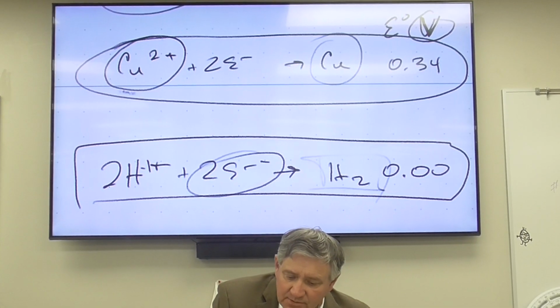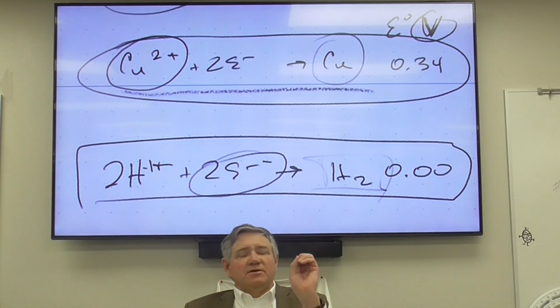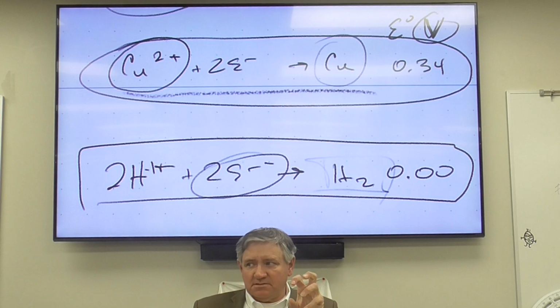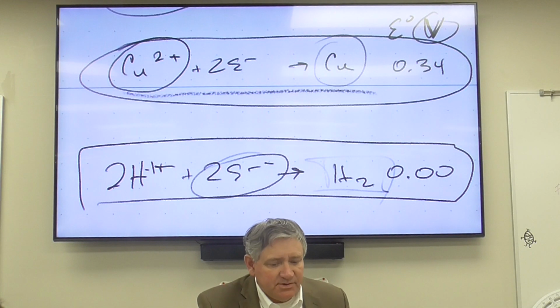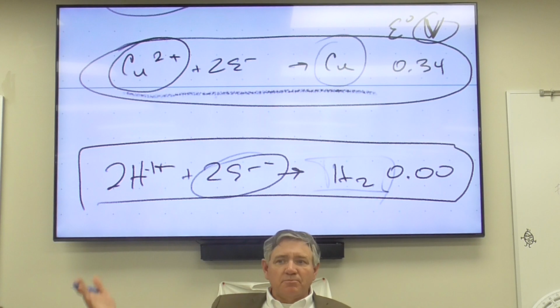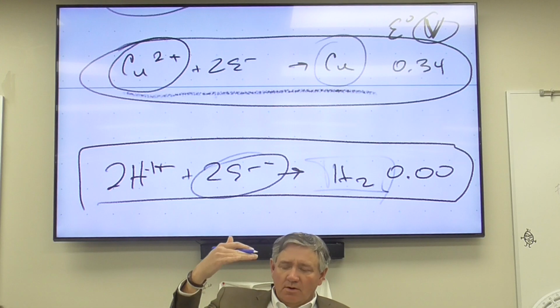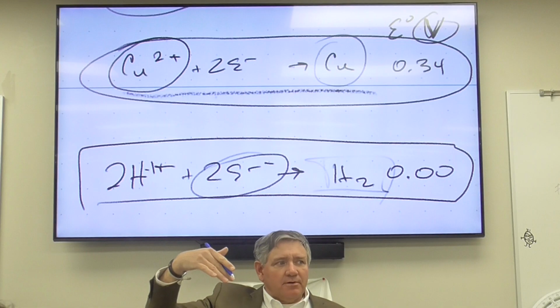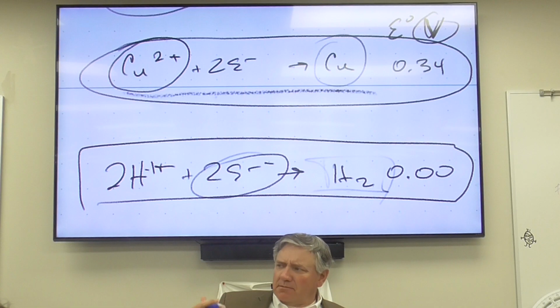Now you come down here and you look at copper. Now here's the difference. This is copper ion, Cu2+. It wants to gain 2 electrons and form elemental copper. Notice that that value is 0.34. So relative, that's kind of up there a ways. What that means is that copper really becomes more stable.